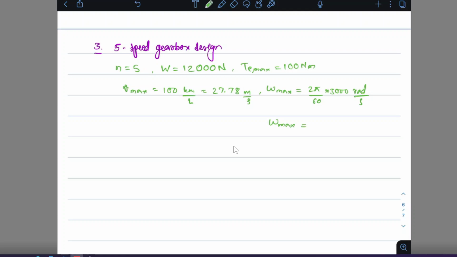I'm just writing down the given information one more time. 314.16 radian per second.